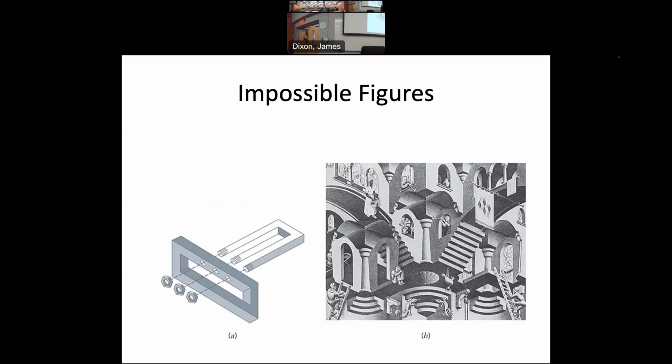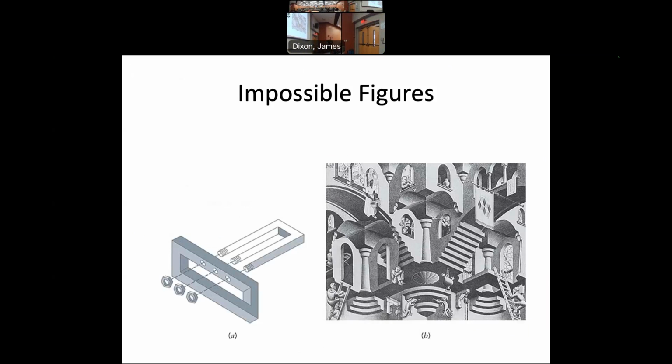We start to see other serious aspects of perception in things like impossible figures, where your system strives to make normal sense of cleverly constructed drawings that are impossible to implement in the 3D world. This is a famous example.